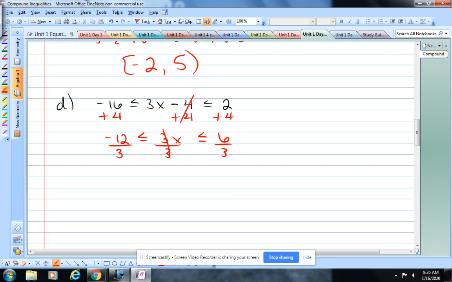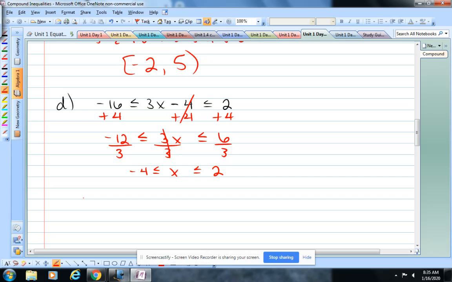Nope, because 3 is positive. Good. And then we just divide everywhere. What's negative 12 divided by 3? Is less than or equal to x. Is less than or equal to what? Positive 2. And are my numbers least to greatest? Yep, and everything's pointing to the left. So that's a good solution.